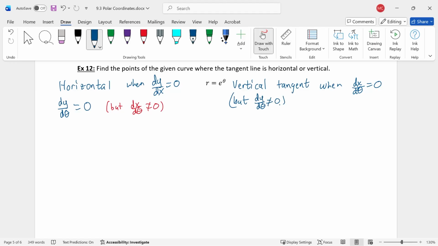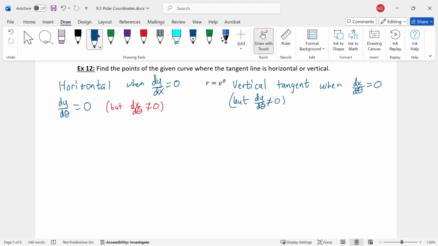Now, what do we do if both dy/dθ and dx/dθ are 0? Then we would have to take a limit on dy/dx so that we can solve for the limit from the left and right as the point travels along the curve. We'll see if we have to deal with that in this example, but most of the time we can just look at these two separately.